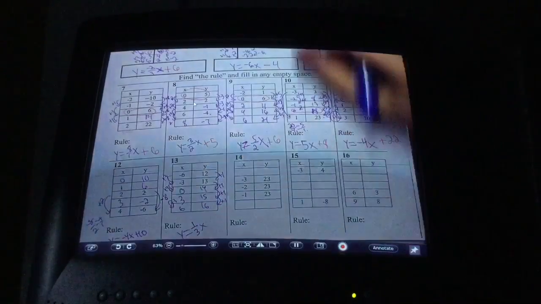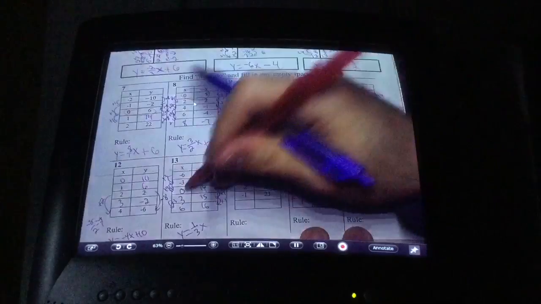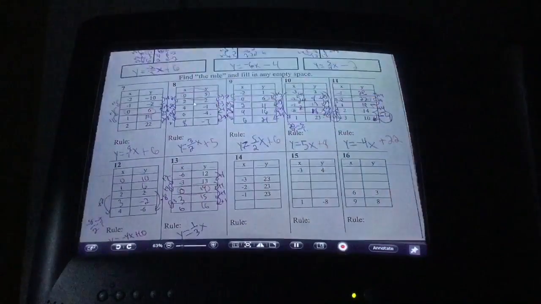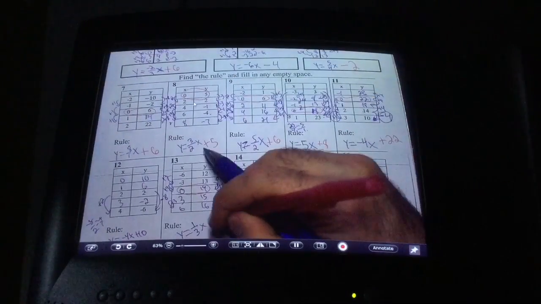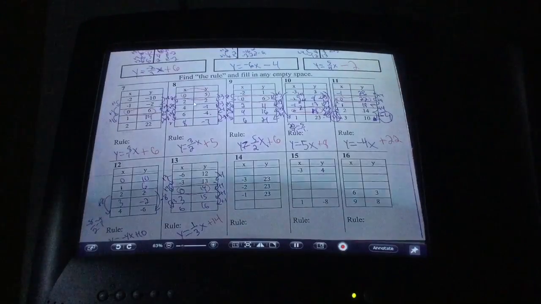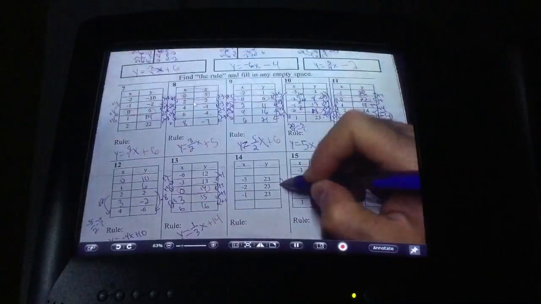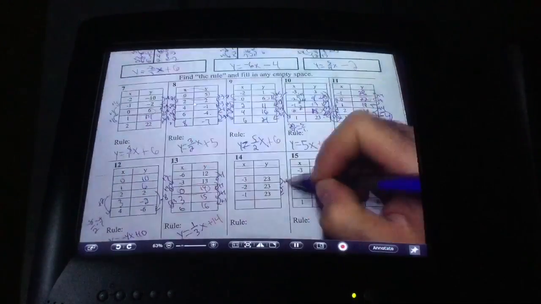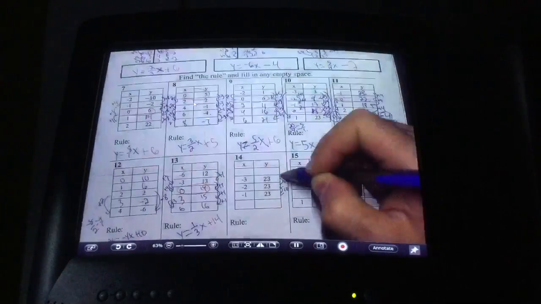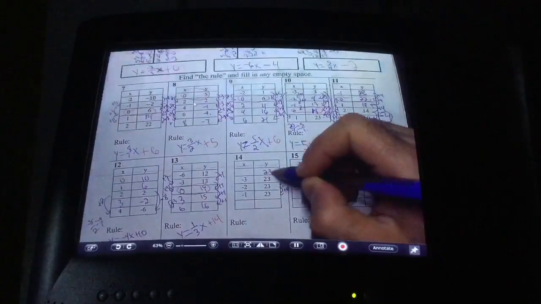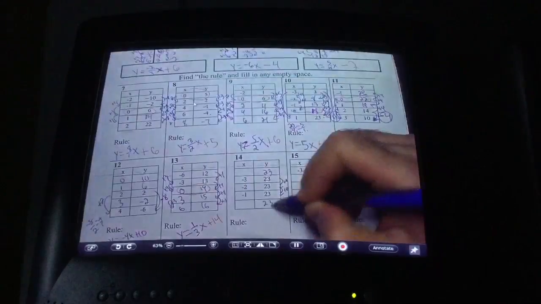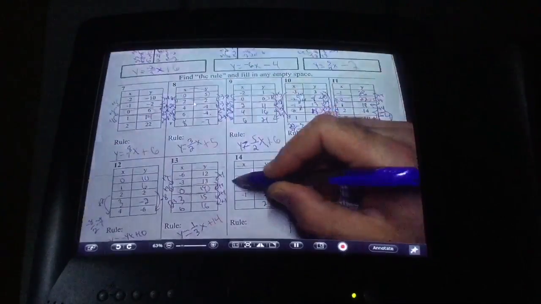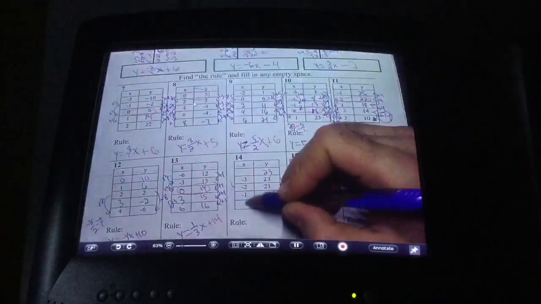And then over here, we have the input of 0 gives me an output of 14, so it's going to be plus 14. Now for this one, each time to get to the next one, you add 0. So that means going back, you subtract 0, which would be 23. So these would all be 23. Over here, you're adding 1 each time, so if you add 1 to that, you get 0.